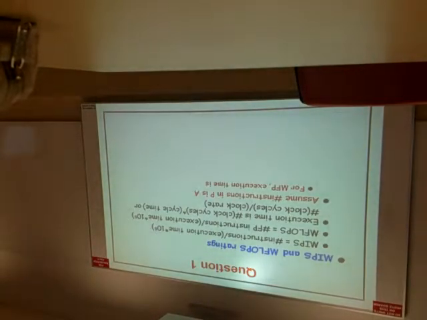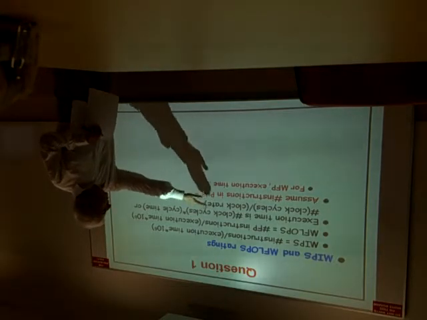For the machine with floating point arithmetic, we can calculate the execution time by calculating the clock cycles and then multiplying by the cycle time.